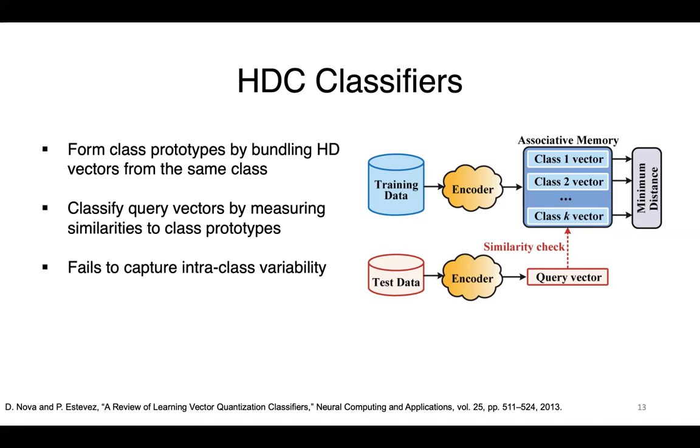We can then store these class prototypes in an associative memory, as seen in the diagram on the right. Once we're given a new query vector or test vector X, we can classify X by encoding it, or as I've been saying, projecting it to HD space, and then measuring its similarity to the stored class prototypes. X belongs to the class whose prototype is most similar to X's projection vector.